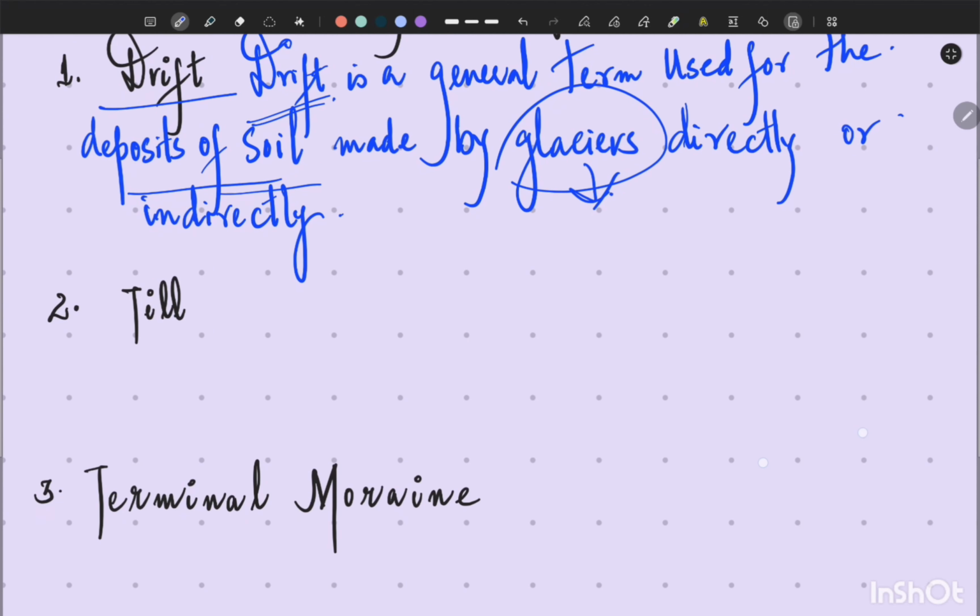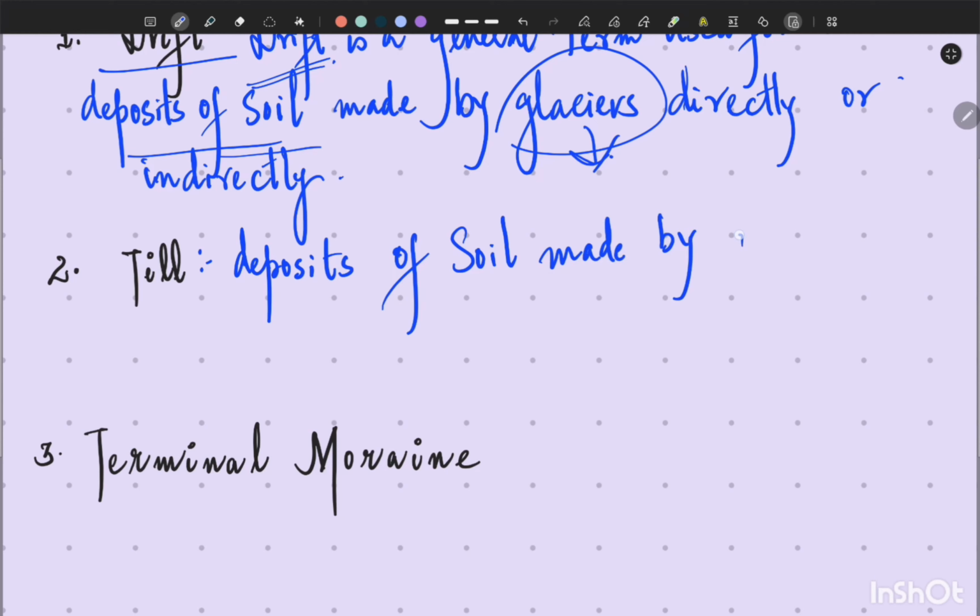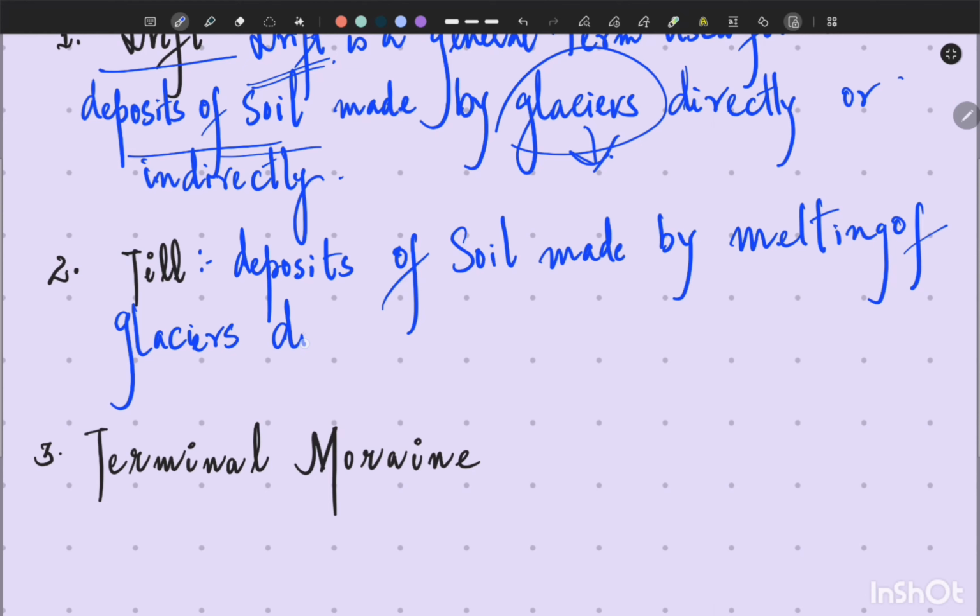Next one is till. Till is a deposit of soil made by melting of glaciers, directly.